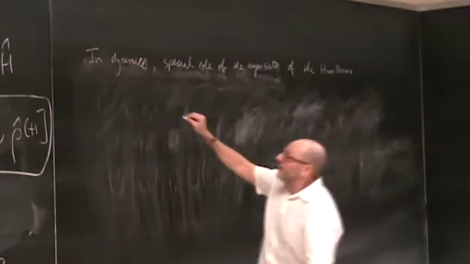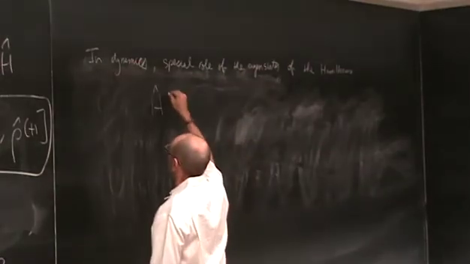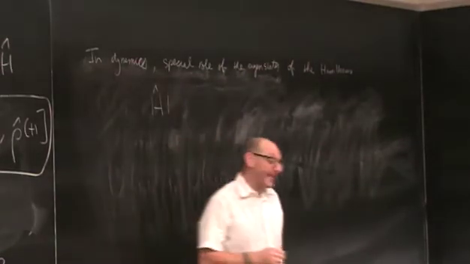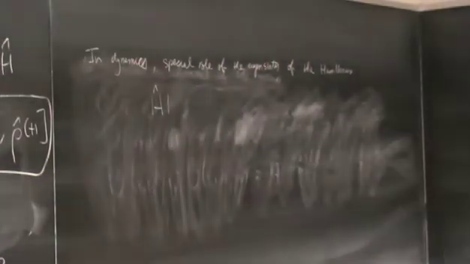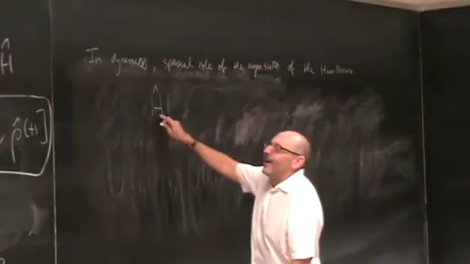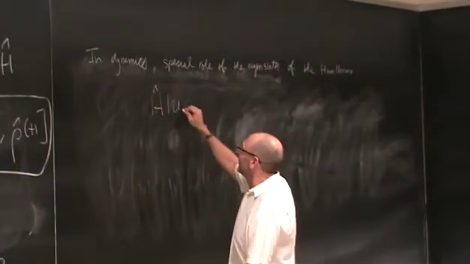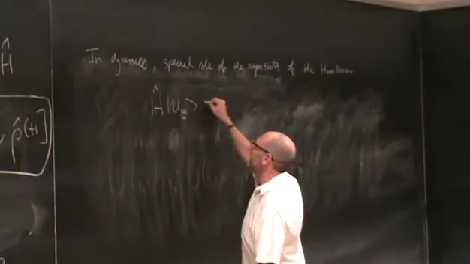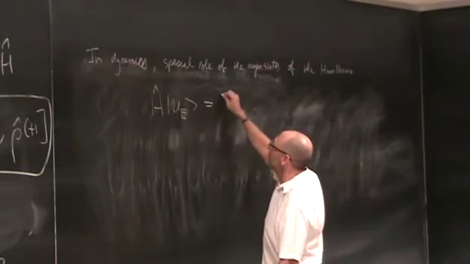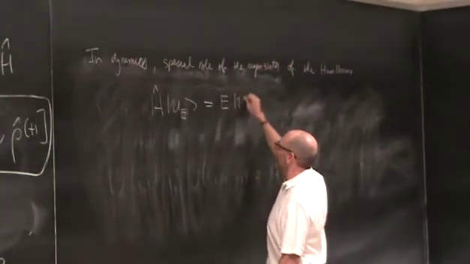So, the Hamiltonian is a Hermitian operator. Hermitian operators have energy levels, or energy, and Hermitian operators have eigenvectors. And those, let's call them U. This is the energy eigenvalue.